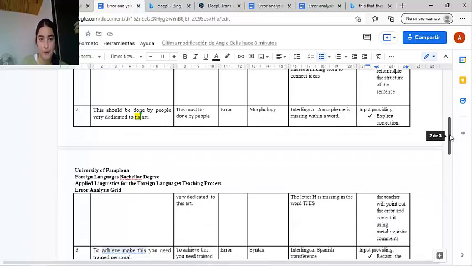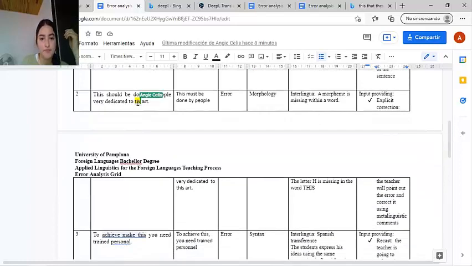The second one, in this line, maybe the student is trying to use a demonstrative adjective, in this case "this", but a morpheme is missing. So the right way to express this idea is "this must be", but including an H. So this is a morphology error.